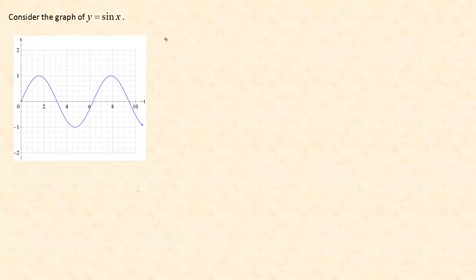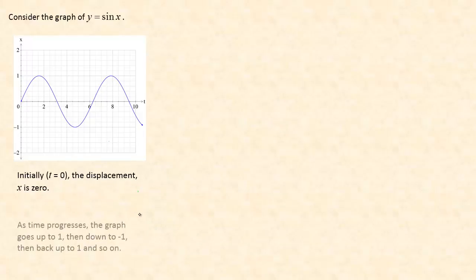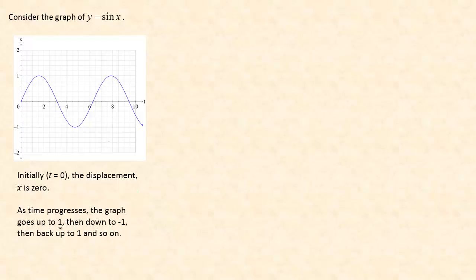And that describes our motion backwards and forwards along this line perfectly. So initially t is equal to 0, the displacement is 0, we pointed that out here at the origin. As time progresses, the graph goes up to 1, then down to negative 1, then back up to 1, and so on. So it's a motion that goes backwards and forwards.